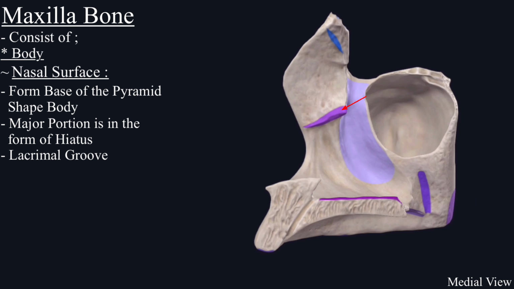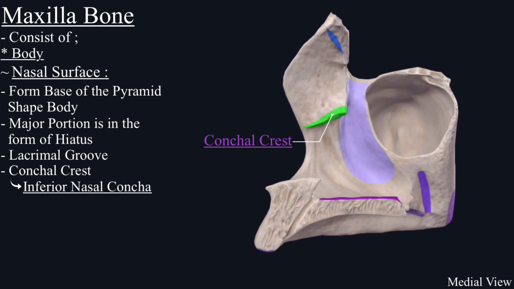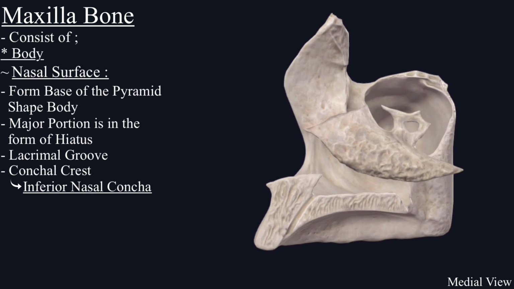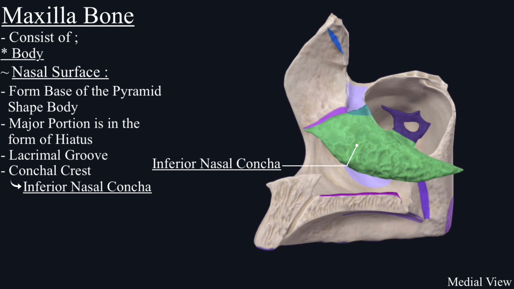Anterior inferiorly on the nasal surface is present an oblique crest called conchal crest, and through the conchal crest, maxilla bone is attached to the inferior nasal concha. Appreciate the inferior nasal concha attached to the conchal crest on maxilla bone.